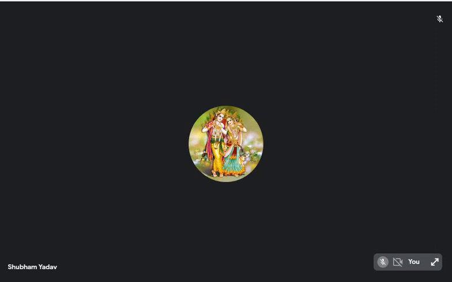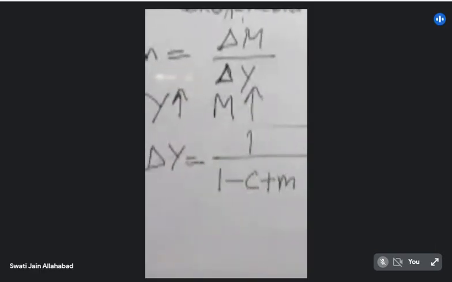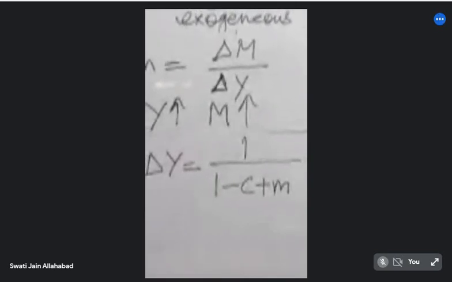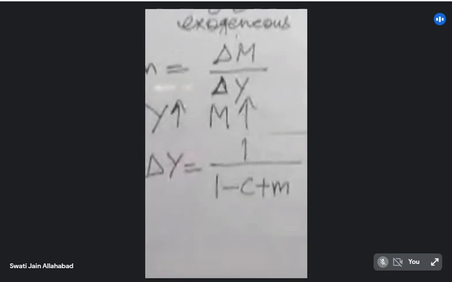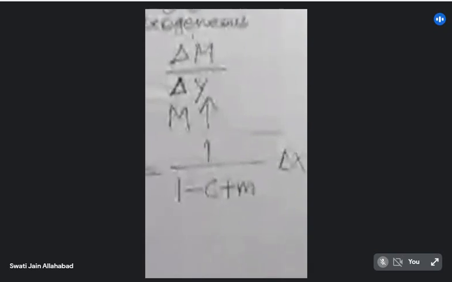So this is the foreign trade multiplier. You are not calling it the import multiplier, but the foreign trade multiplier, because exports and imports are always together. Although when you are calculating the impact on income, that will be the change in export.